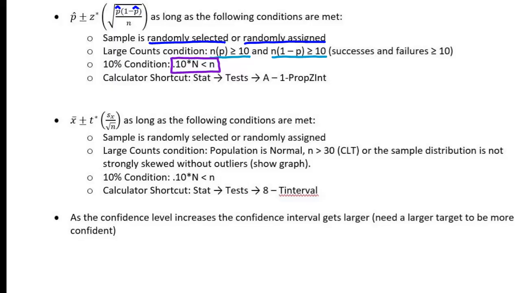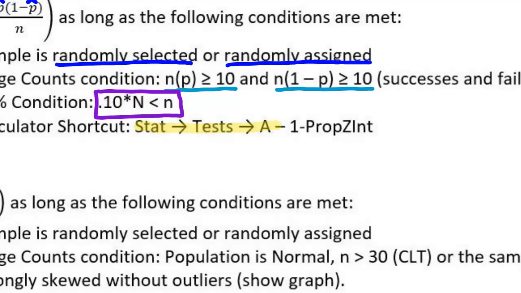And we do have a shortcut on the calculator. You do stat tests, and then we want the one prop z int, which should be choice A on there. If you look, that's what that A is standing for. Should be option A, so it's going to be down below option 9 and below option 0.